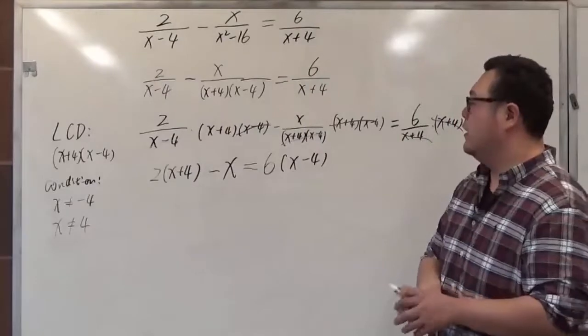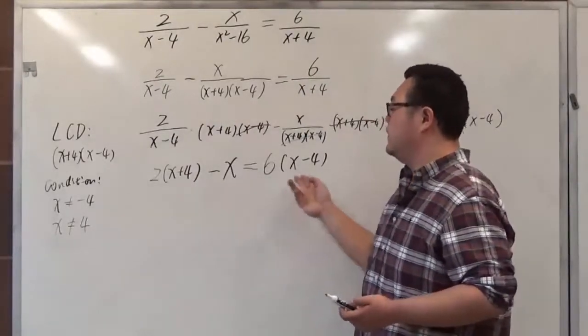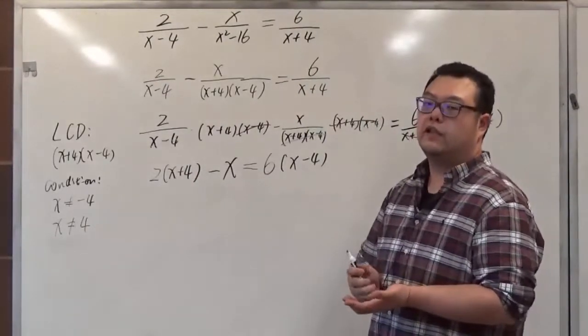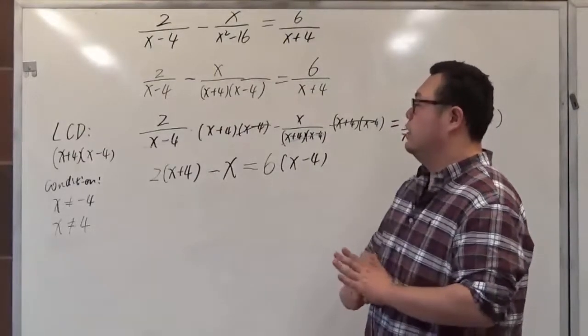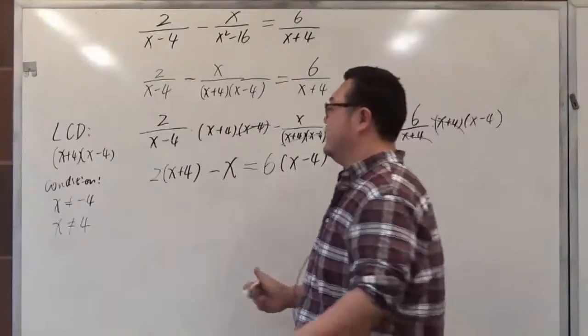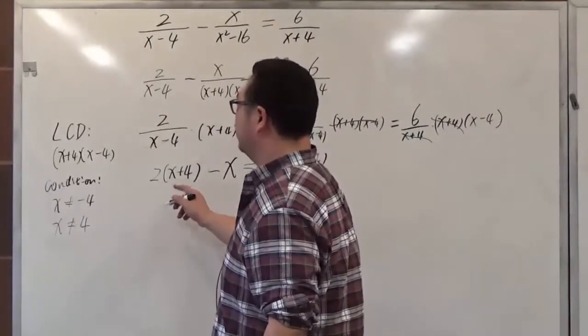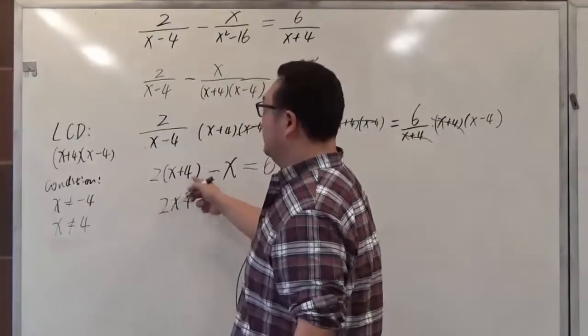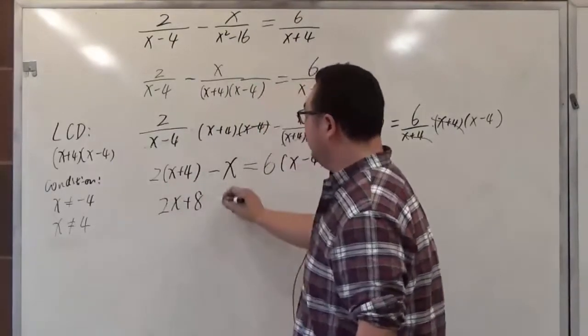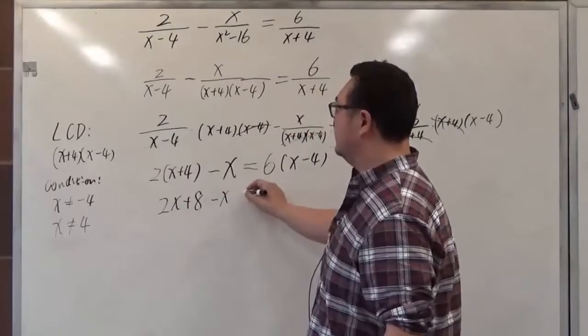Next, we see everything is first order, so the next thing is to multiply out and simplify, if possible, then isolate the x. I have 2 times x plus 4 is 2x plus 8. Minus x we didn't touch, so we copy down.